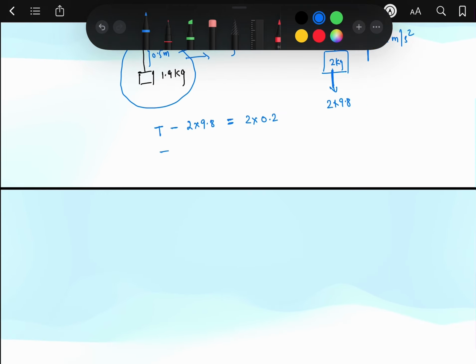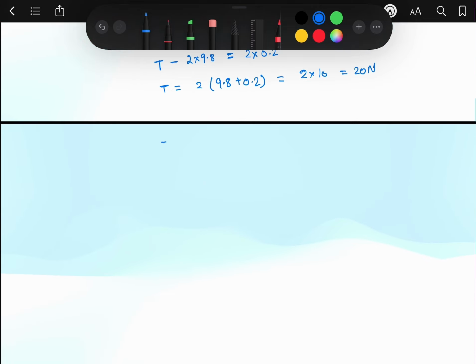So here tension in the string, taking 2 common, is 2 into (9.8 plus 0.2), that is equal to 2 multiplied by 10, that is equal to 20 Newton. So tension in the string is 20 Newton, that is at the midpoint of the lower wire.